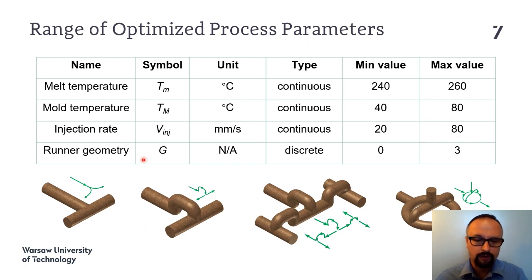And the last one, which is the only one that isn't obvious, is the runner geometry.